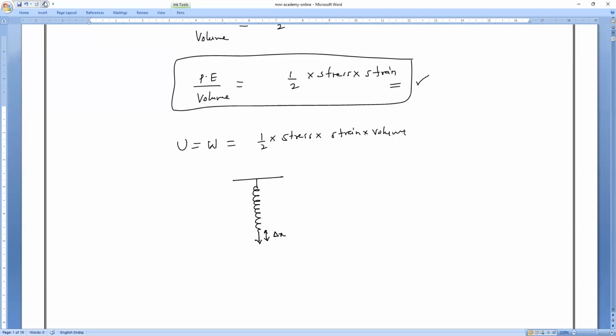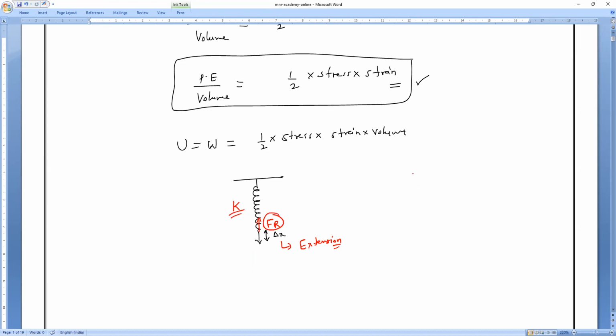As the spring stretches downwards, the restoring force will act in the upward direction, which is Fr, the restoring force, and I will take the spring constant as K. So the extension in the spring is delta x, the restoring force is Fr and the spring constant is K.